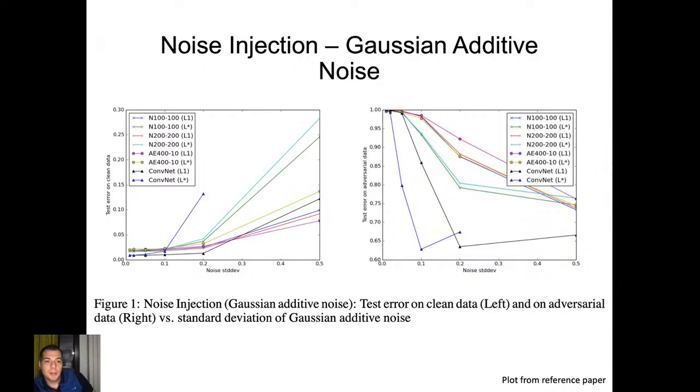Interestingly, if you add these noise patterns to the adversarial examples, the test error starts to decrease, and you reach a point where the noise deviation is around 0.5 where the two get closer. These are different axes, though.